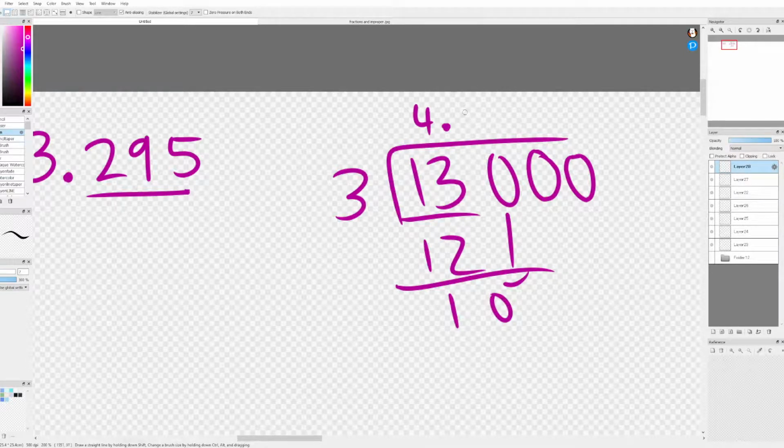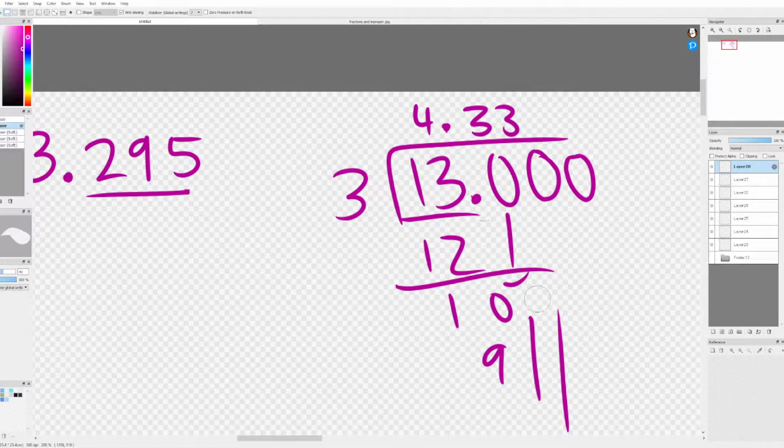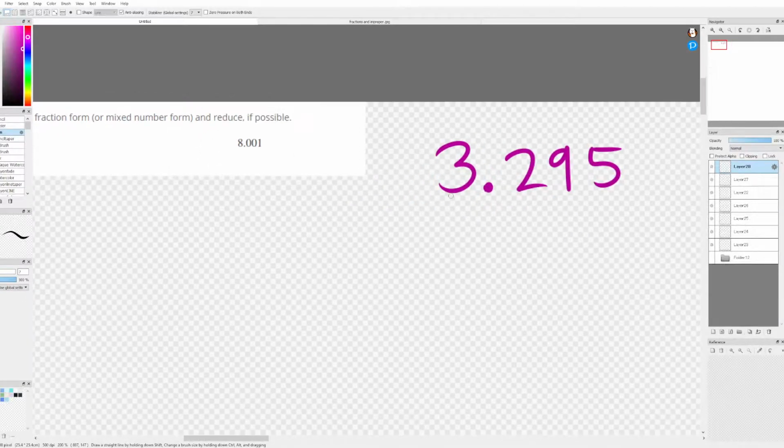So 10, which goes in 3 times, which is going to give us 9, and so on. So 3, 3, 3. Basically, you go until it ends or until it establishes a pattern. You just add extra zeros, and then put the decimal where that 0 starts. Anyway, with that being said, it was just a quick brief explanation.